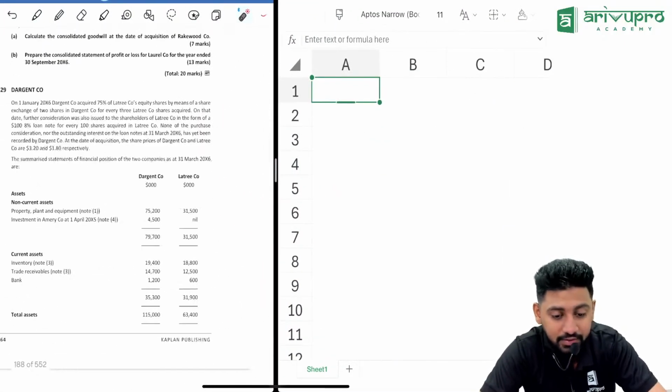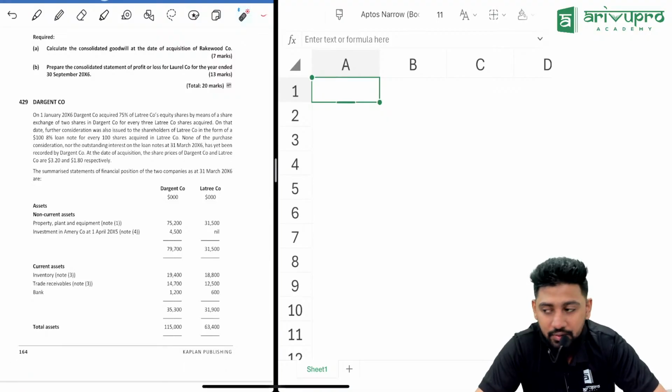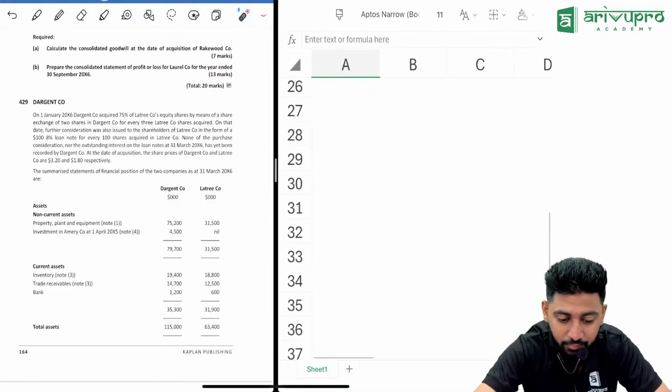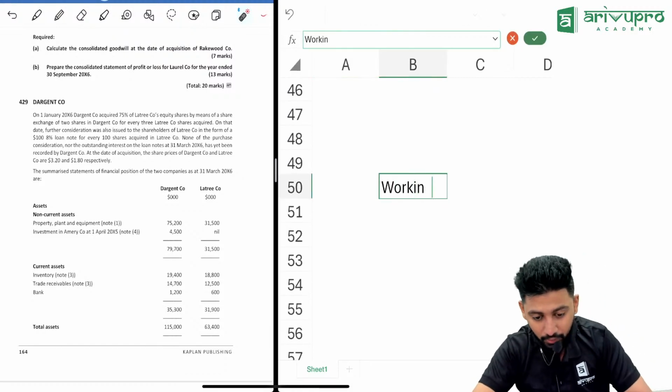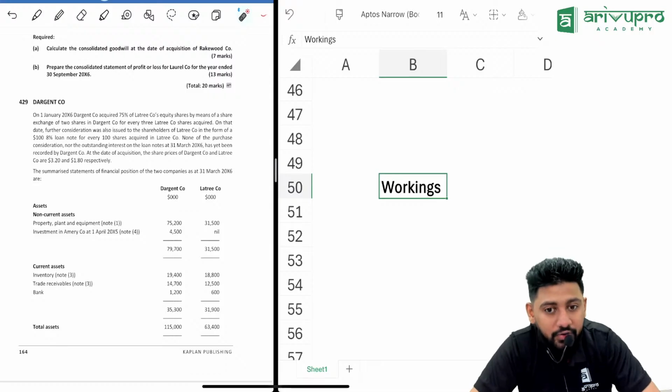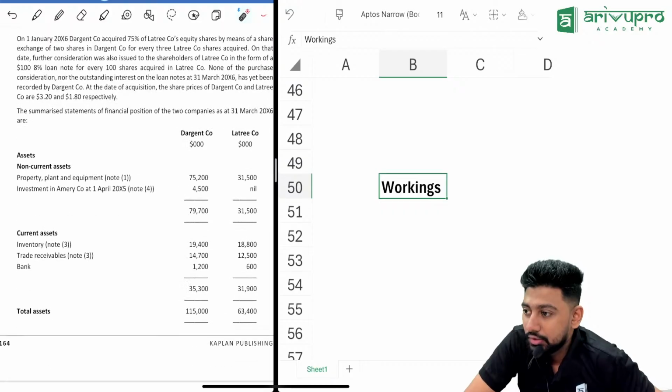What you're going to do is leave about 50 lines, come right to the bottom, and say number one, workings. Always we start off with working number one, which will be group structure.